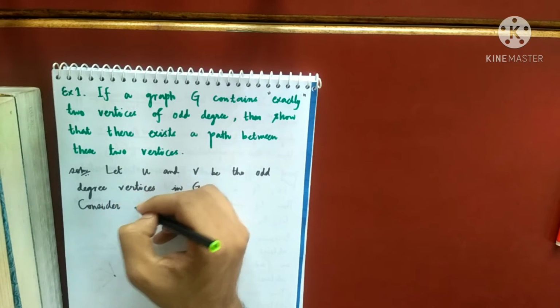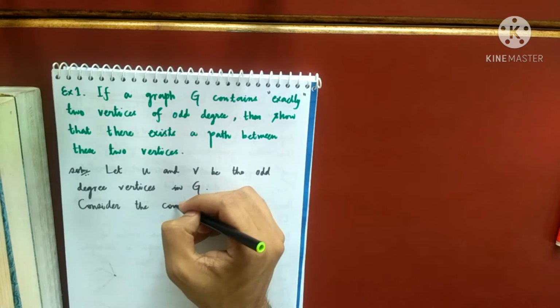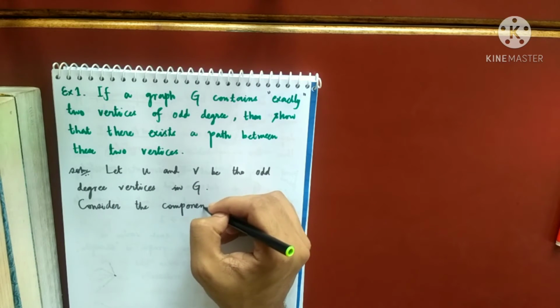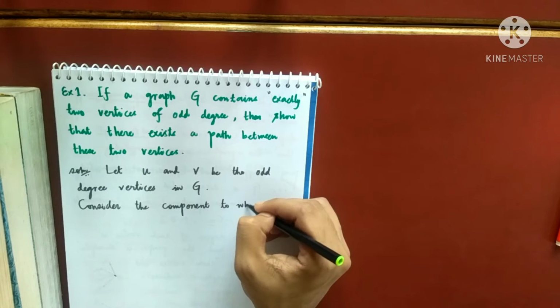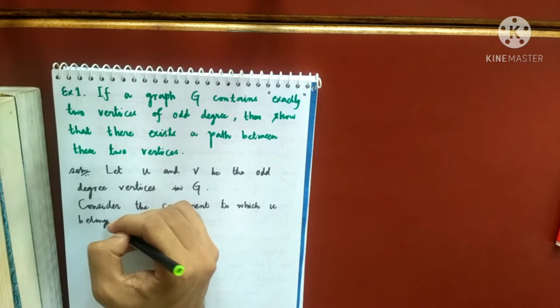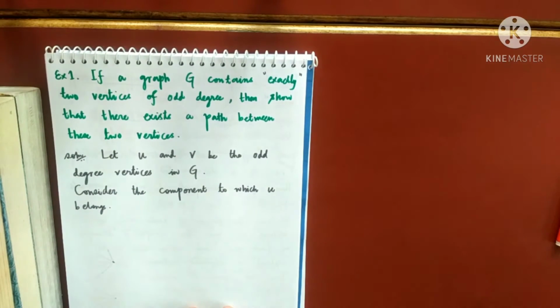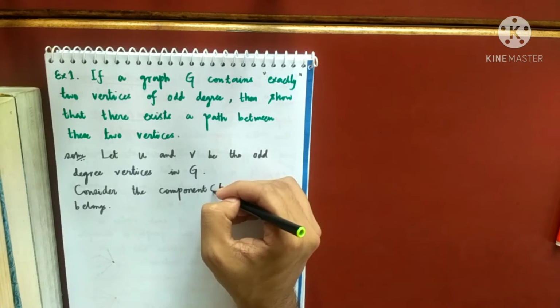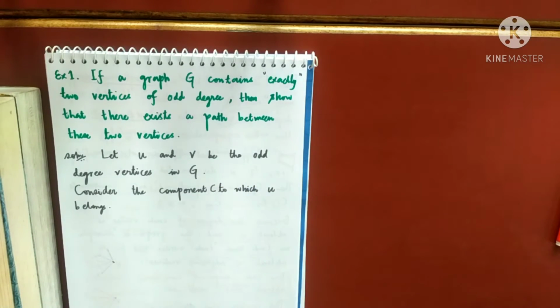Consider the component to which U belongs. Let me name the component C. Suppose the graph is disconnected, then it will have some components.